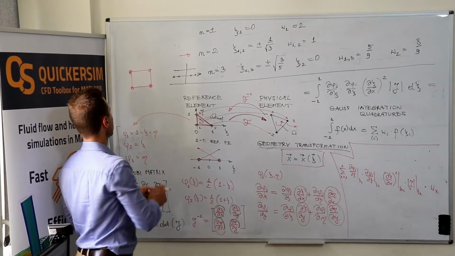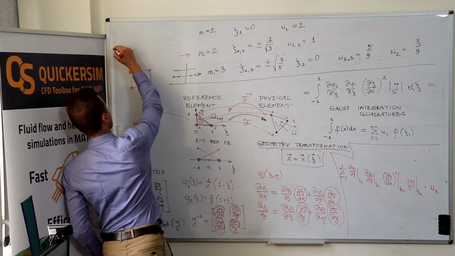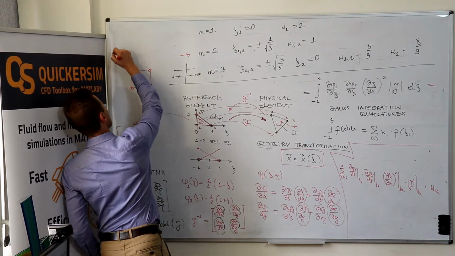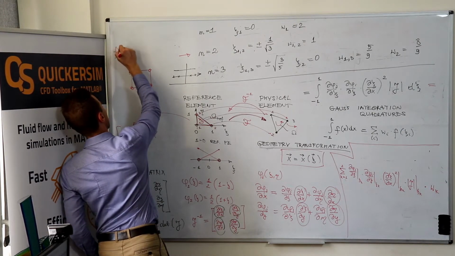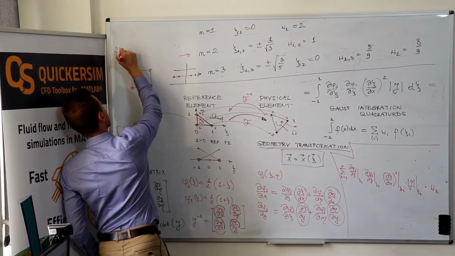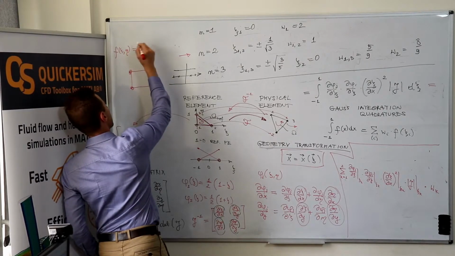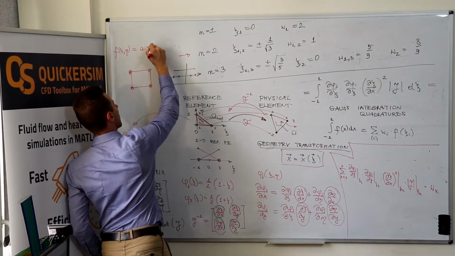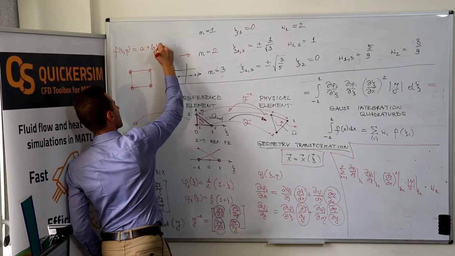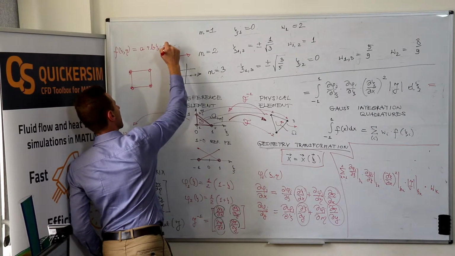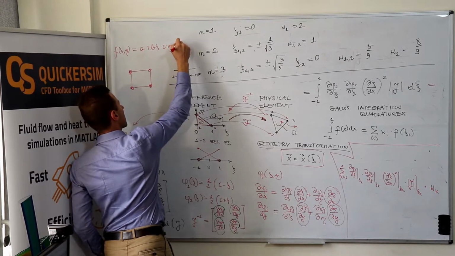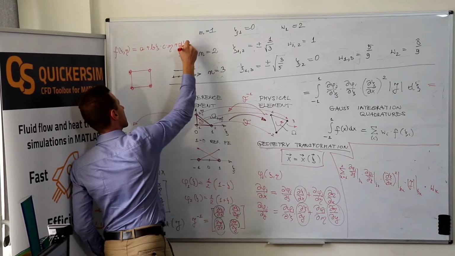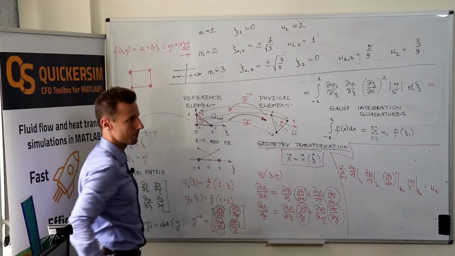Well, writing any interpolation is done the following way: some function of psi and eta has some constant coefficient a plus b times psi plus c times eta plus d times psi times eta.